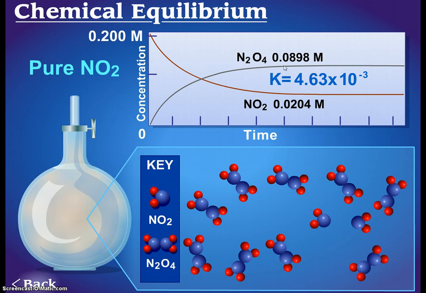And we can see that in the graph here where they've actually measured the amount of them. At equilibrium, and we know this is equilibrium because the lines become parallel, showing that the concentrations become steady at whatever this amount is. Apparently it's 0.0898 molar and 0.0204 molar. They stay the same.